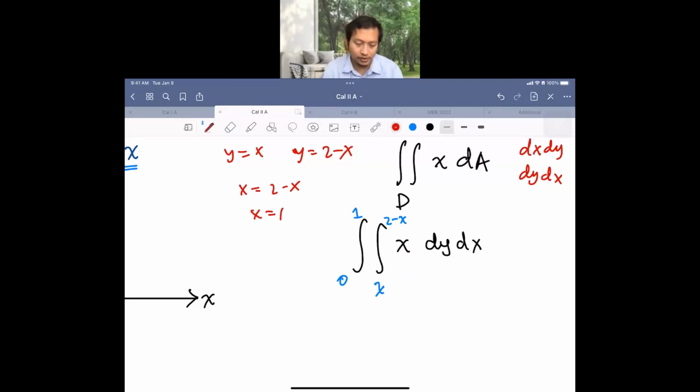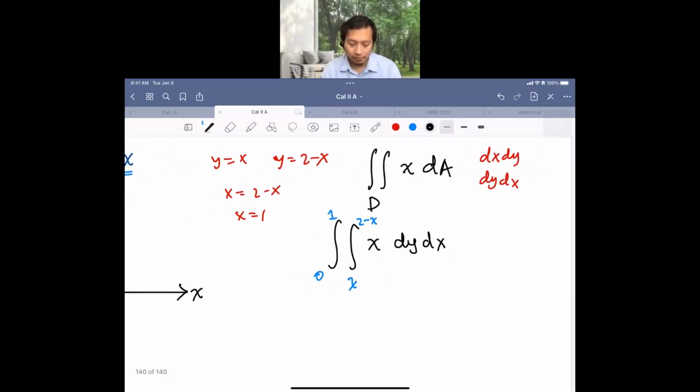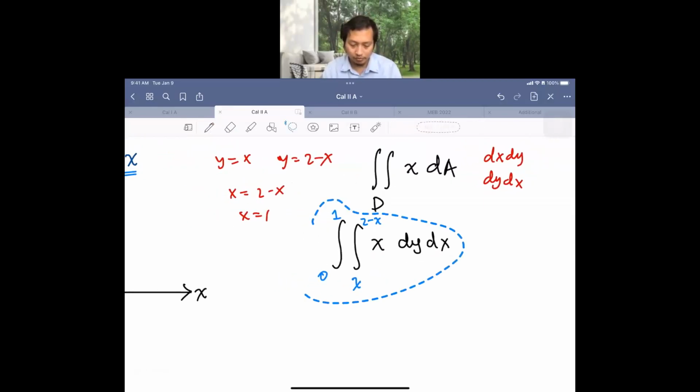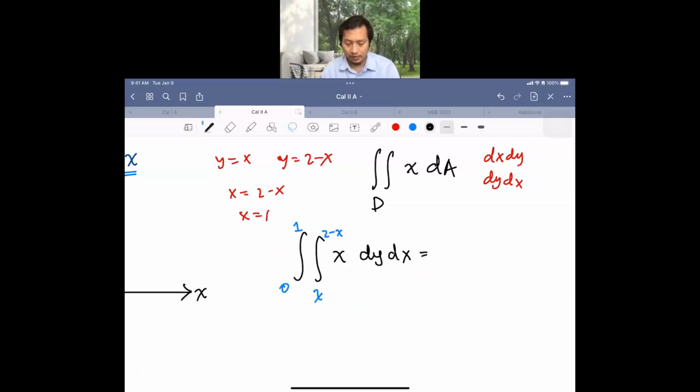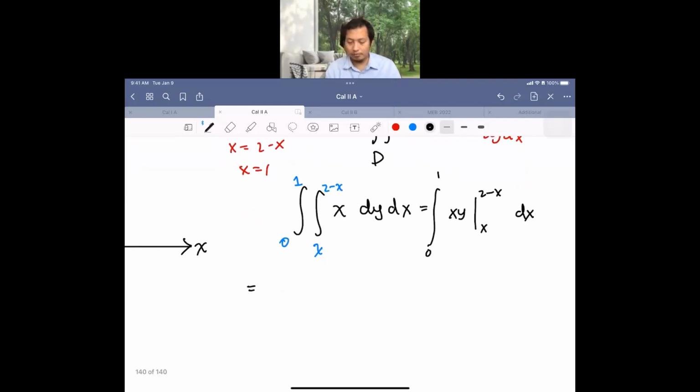Okay, let's continue here. From this part, we have x, y from x to 2 minus x, and then still dx. And then we put in x, 2 minus x, and then minus x squared, and it's still 0 to 1 dx, right?